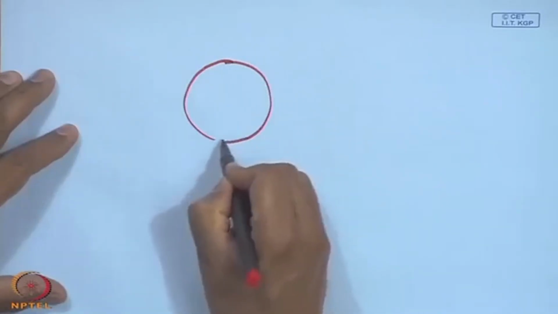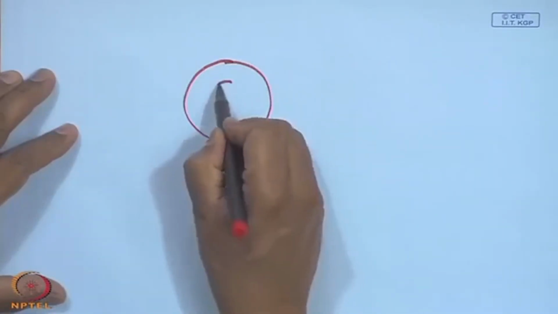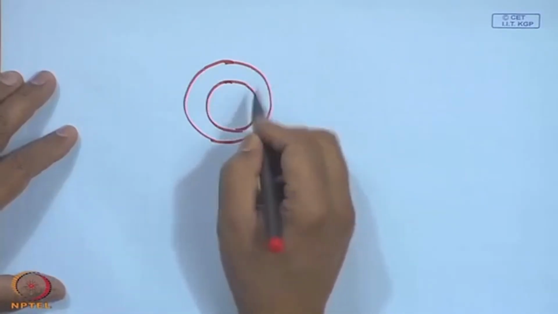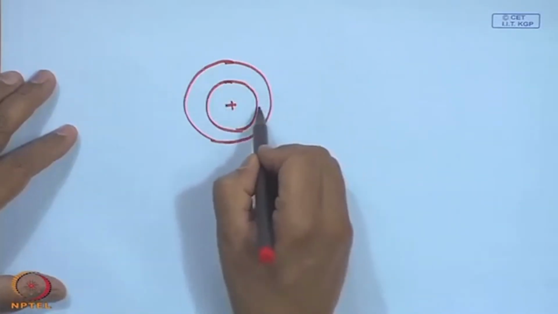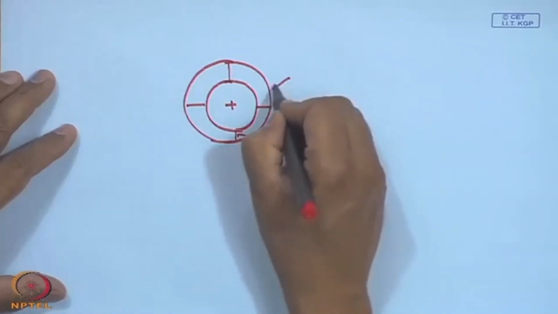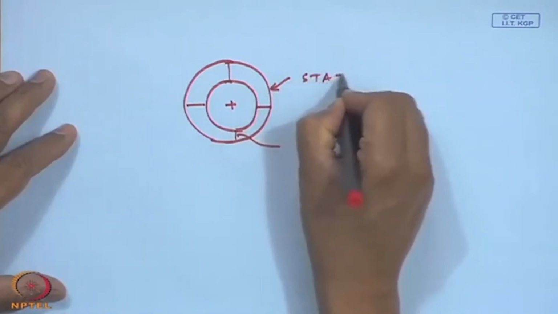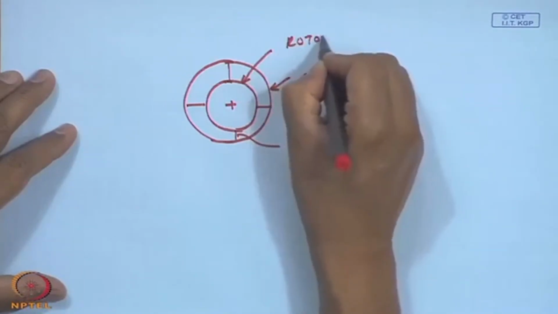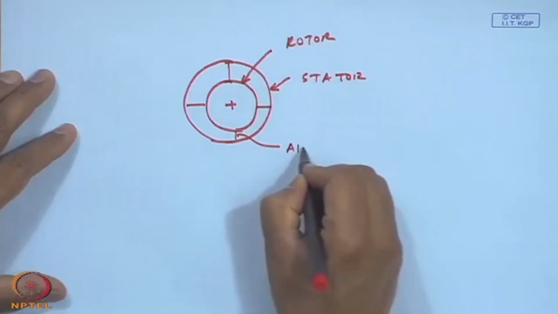So, for example, this is a view: because of thermal expansion or some other reason, there is a change in the air gap, because essentially if this is the stator, this is the rotor, this is your air gap.